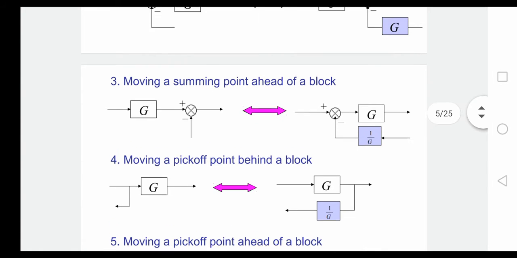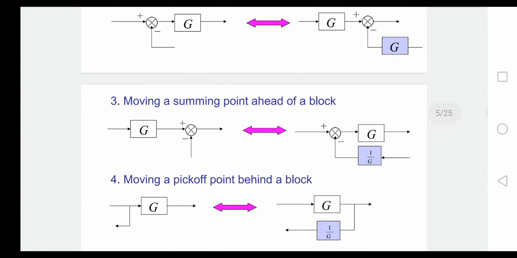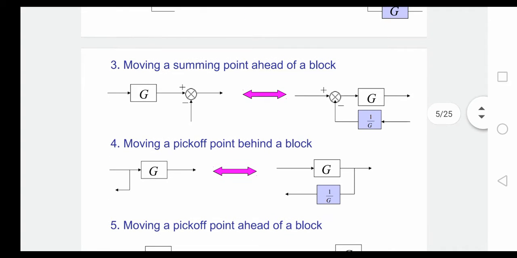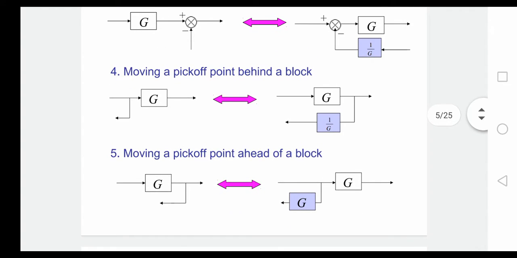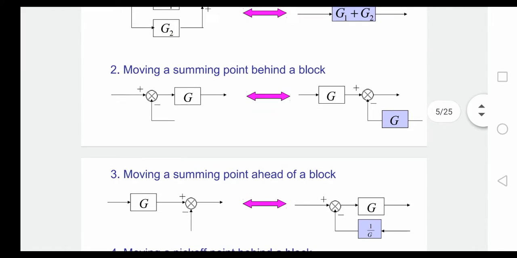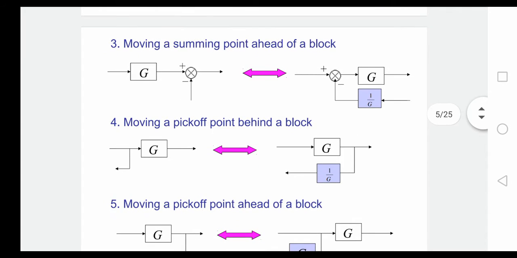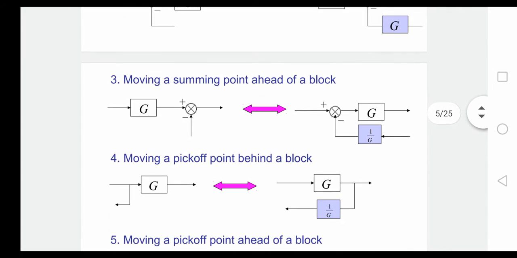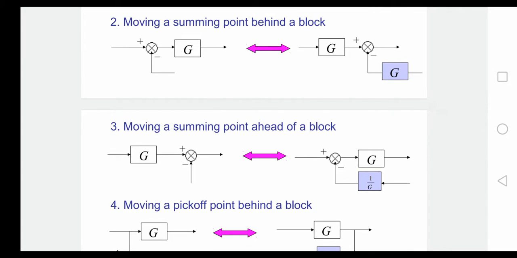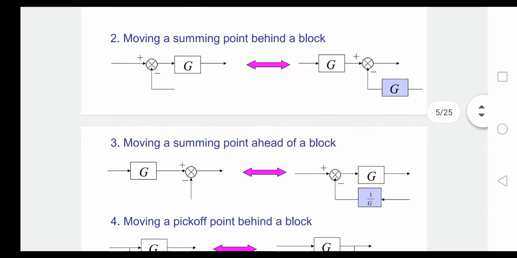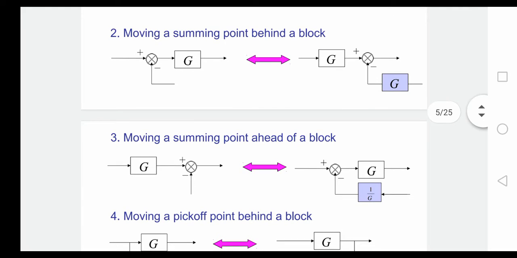And the fourth one is moving a pickup point behind the block. Here you have it before the block, and again after the block you need to take 1 by g, and similarly for the pickup point ahead of the block. These four conditions, 2, 3, 4, 5, you can just remember any one case, and from that you can remember the remaining cases automatically.